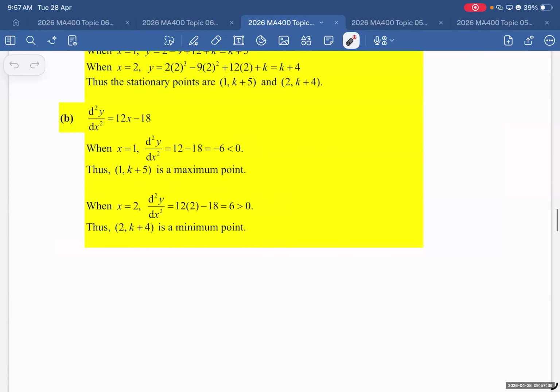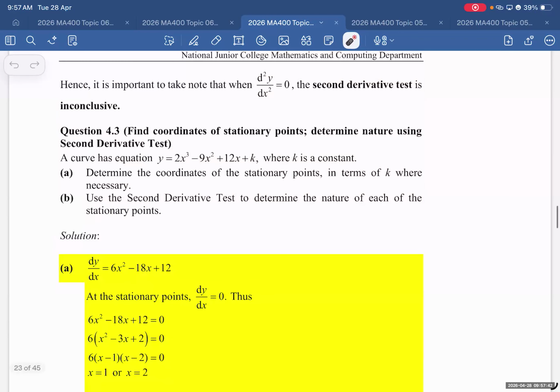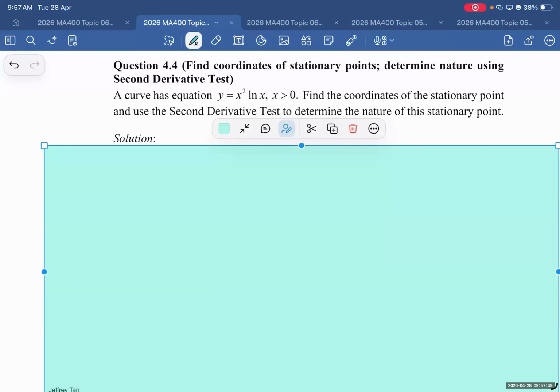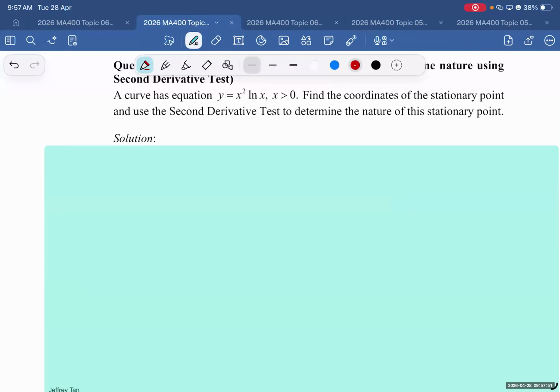4.4. Some of you could be at 4.4, so let me just go on. Talk about question 4.4. Question 4.4, if you have y equals x squared ln x, find the coordinates of the stationary point. You differentiate. If you are done with 4.7, you can try part 5 or you can do practice set.